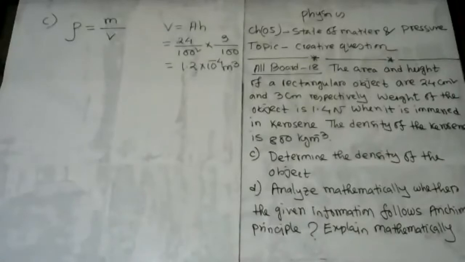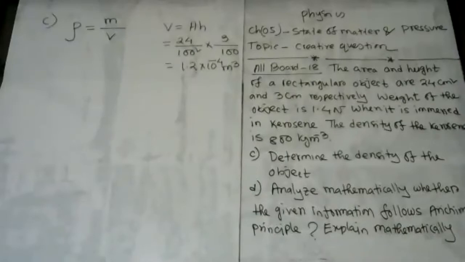Very good. So how can I find out the weight in air from the given information? Any one of you, give me the idea. Because you see that in the stem, it says the weight of the object is 1.4 Newton when it is immersed in kerosene. So when it is immersed in kerosene, then its weight is 1.4 Newton.